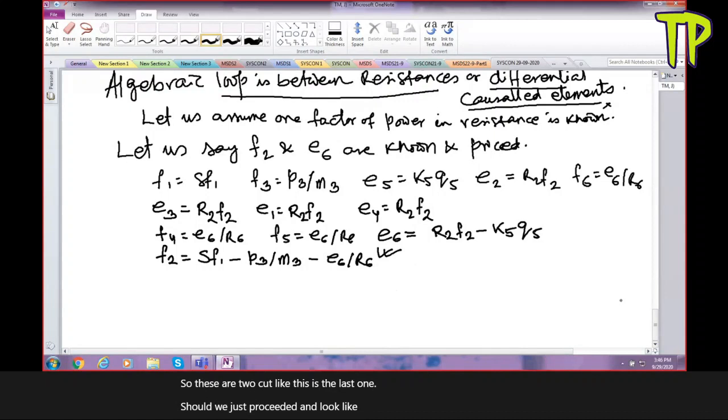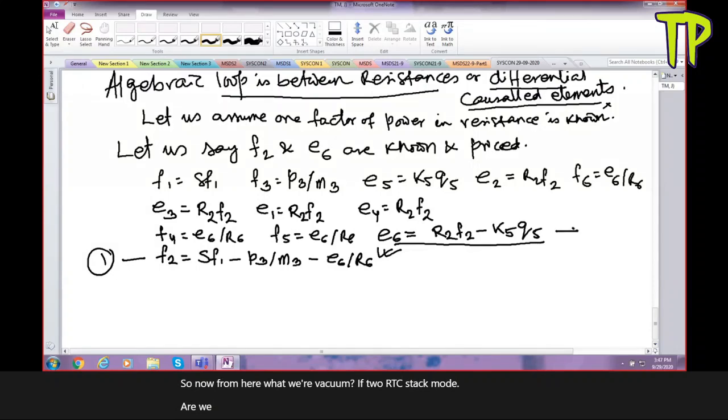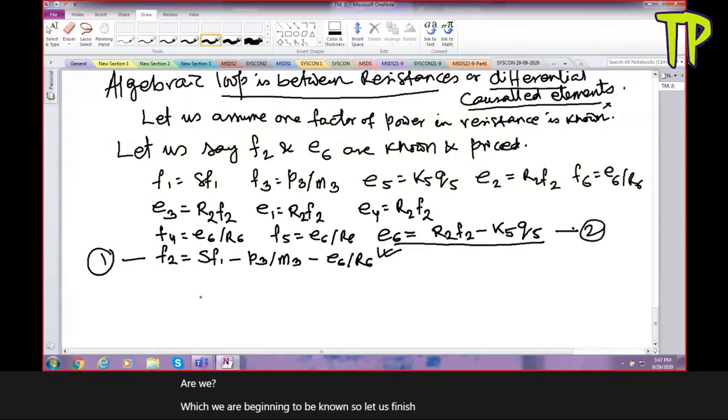Okay. So now, from here, what have we assumed? F2 and E6 are known. This and this we have assumed to be known. So let us see this. This is an algebraic equation. F2 is contained in E6.